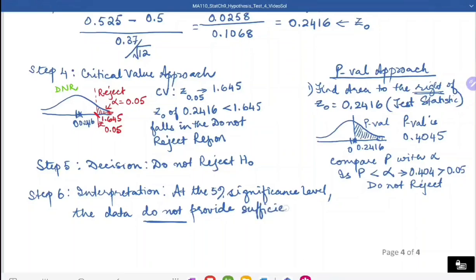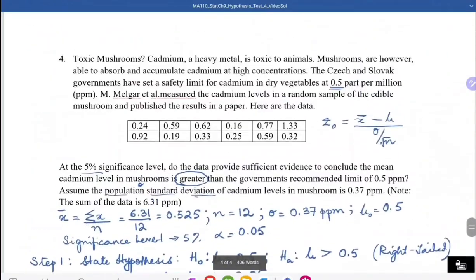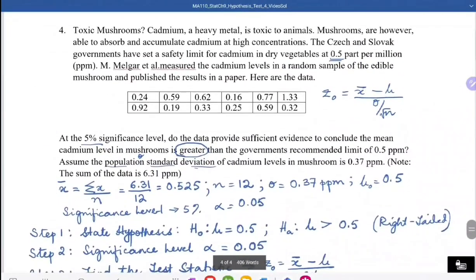Now you have to state this interpretation in the context of this particular application-based problem. What I suggest is just take the wording from the question itself.